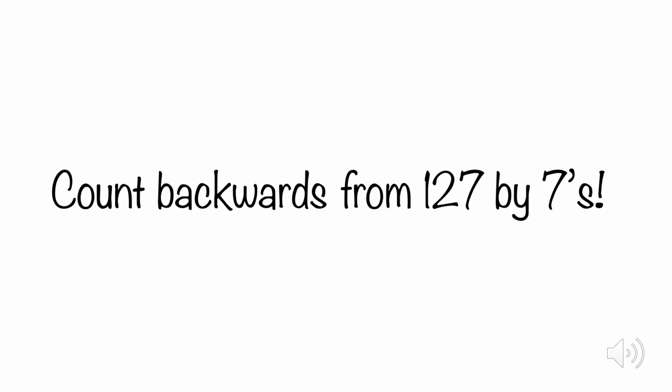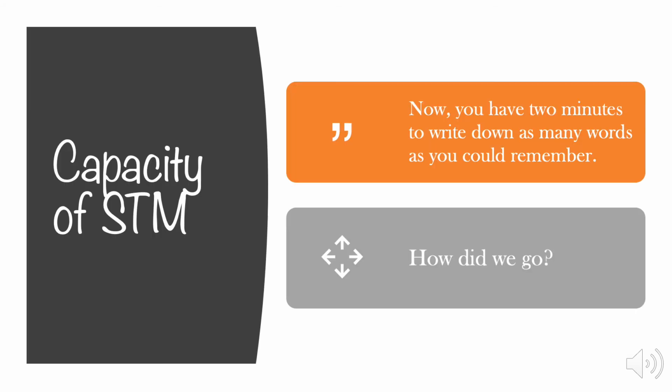There's another distraction task for you now: count backwards from 127 by 7s, and yes, stop when you get back to 0. Now you've got 2 minutes again to write down as many words as you can remember. Then again, go back, look at the slide, and tick how many words you did remember and see if this changed compared to your first try.